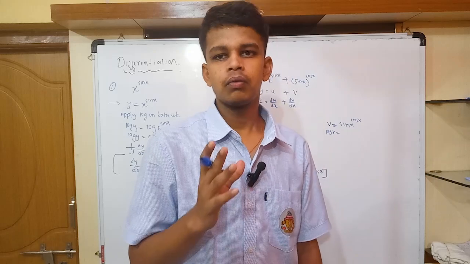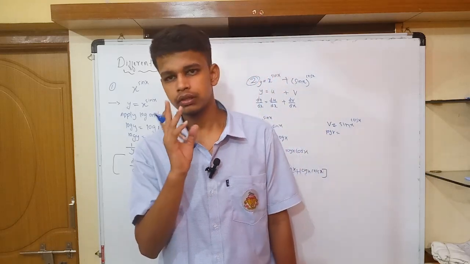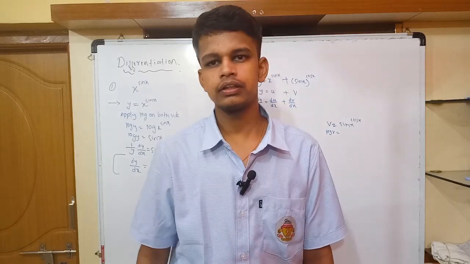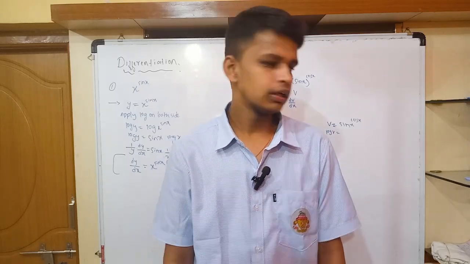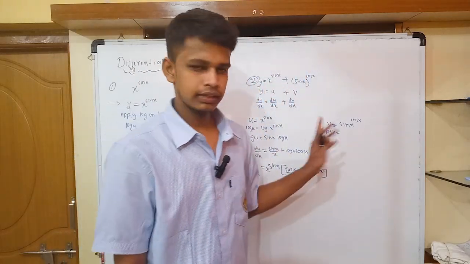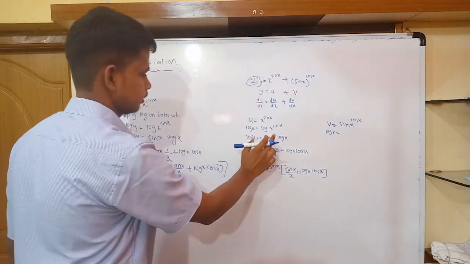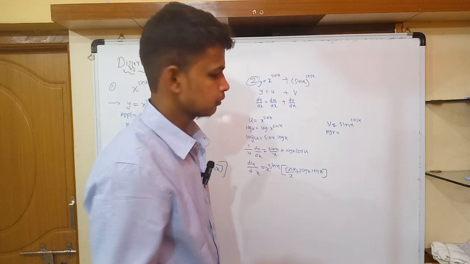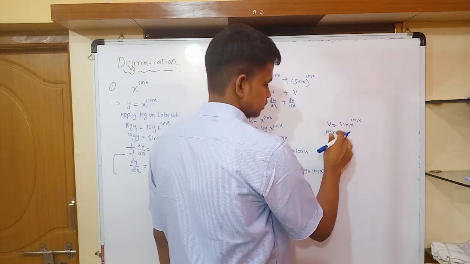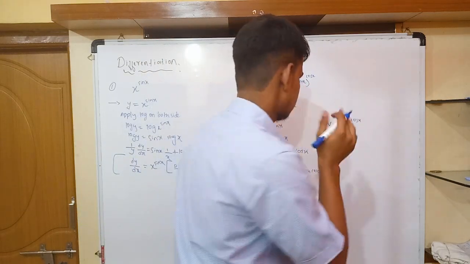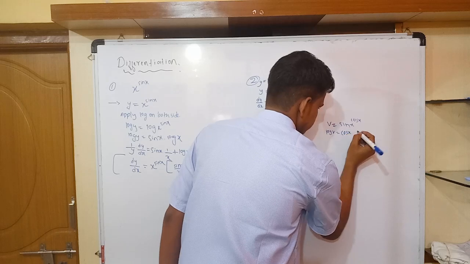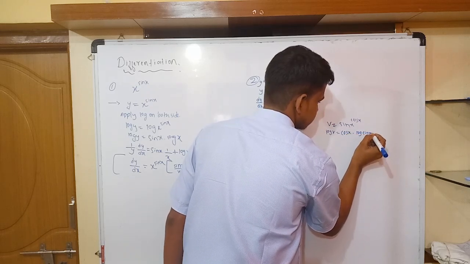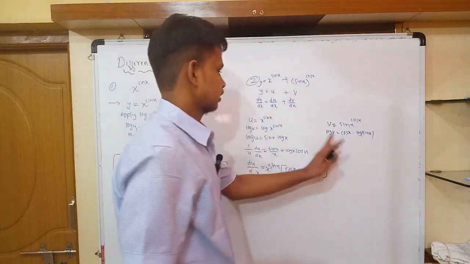We know the property of log of m raised to n; we can consider anything, a raised to b, anything. It is of that form only. Like here we wrote log of x raised to sin x as sin x into log x. Similarly, log of sin x raised to cos x becomes cos x into log of sin x.